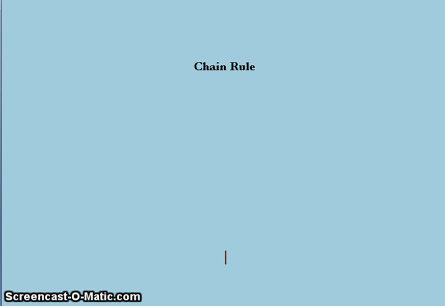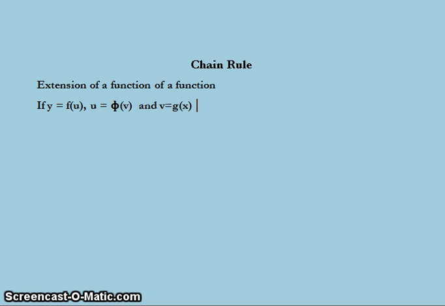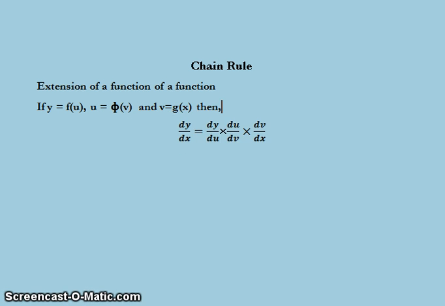Next we have the chain rule, which is the extension to a function of a function. For that, let us consider y equal to a function of u, u a function of v, and v a function of x. Then dy by dx is equal to dy by du into du by dv into dv by dx.